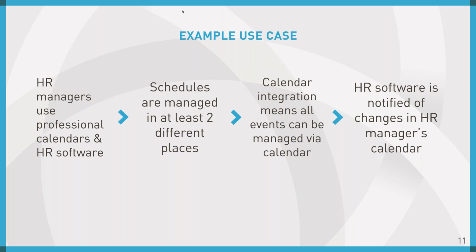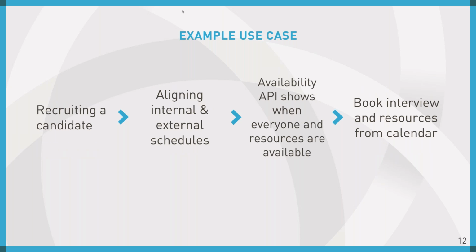If the HR manager integrates the HR software with the Cronofy API, all events can be managed directly via his work calendar. The HR software is always notified of events happening in his calendar, and this means that there's no time spent updating the same information in different places. That's the first use case.